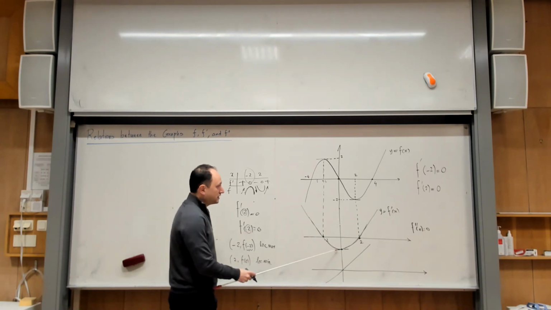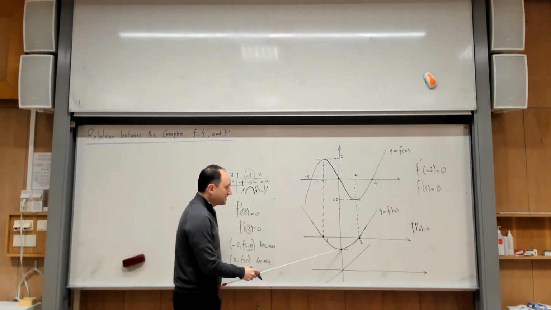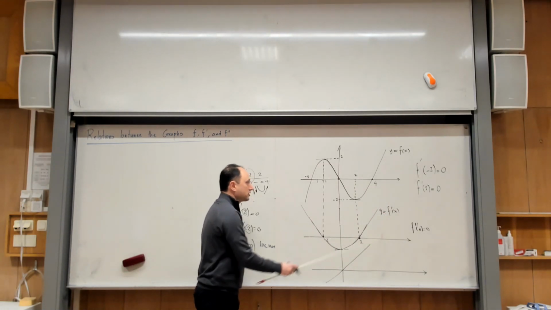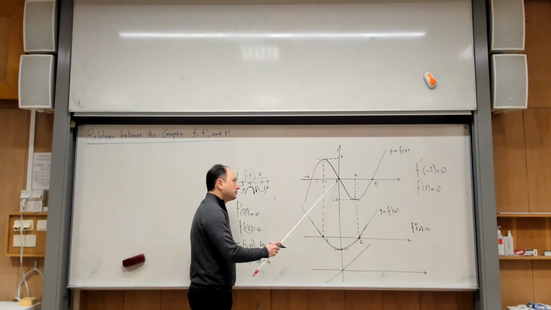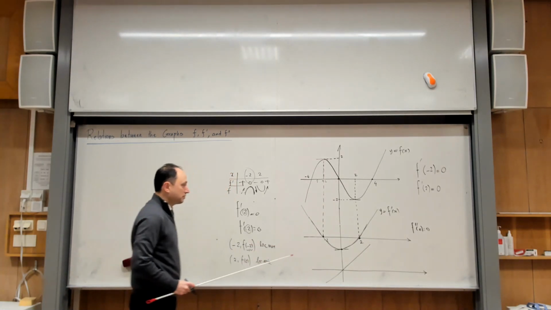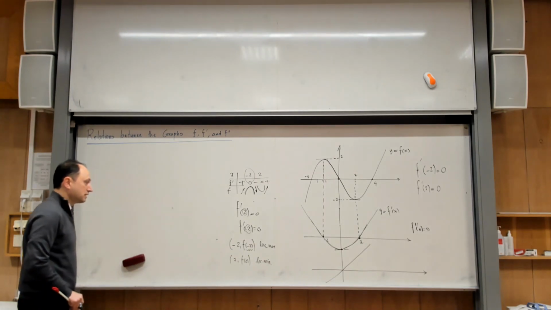No, that is not easy, because this means the derivative of this function is 0, and the derivative of this function is the second derivative, and if the second derivative is 0, it means I have an inflection point. But forget about those things, just consider these points.